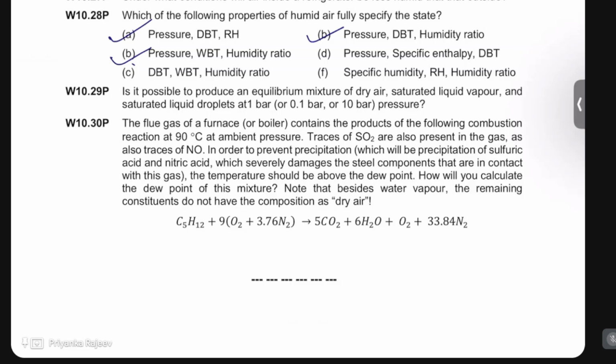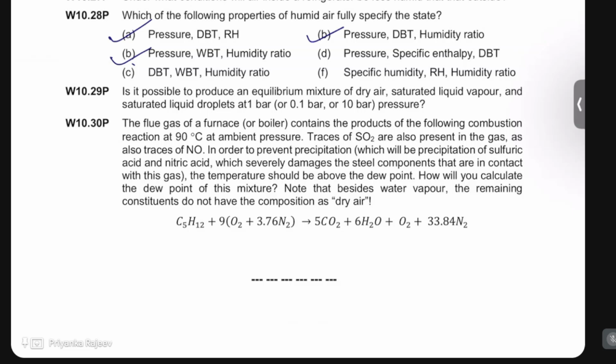Next, is it possible to produce an equilibrium mixture of dry air, saturated vapor, and saturated liquid droplets at 1 bar pressure? That sounds like a triple point, right?